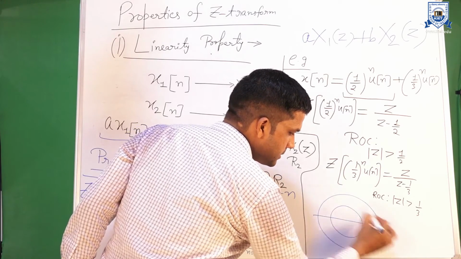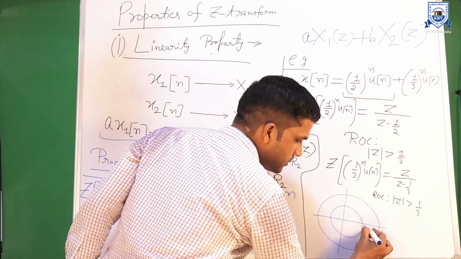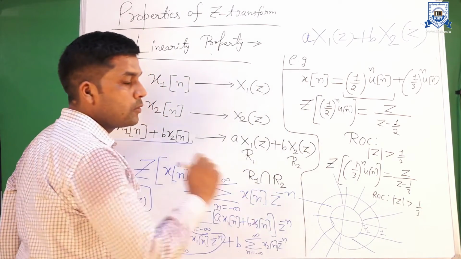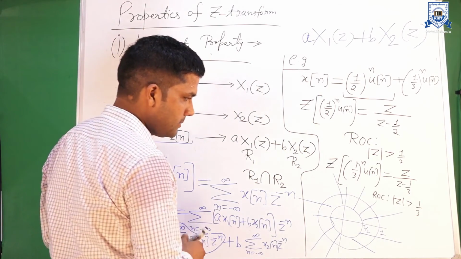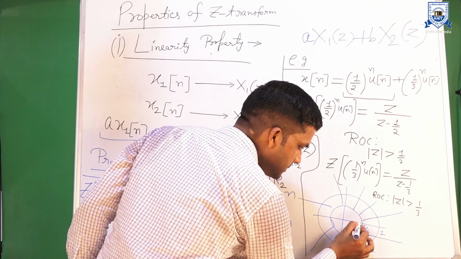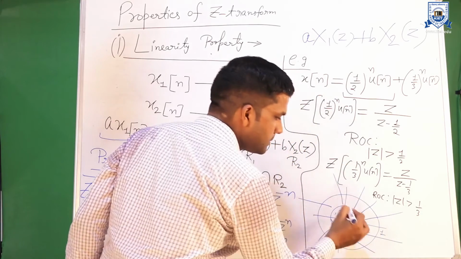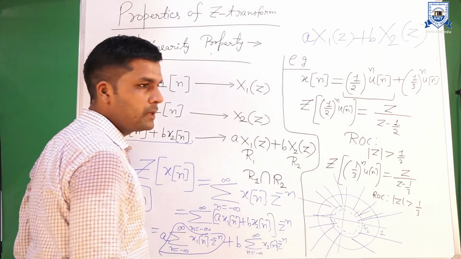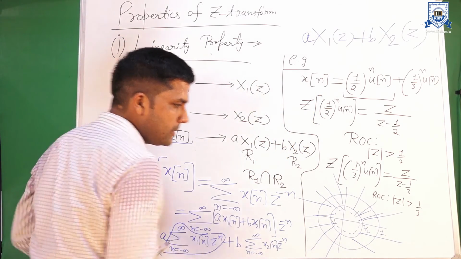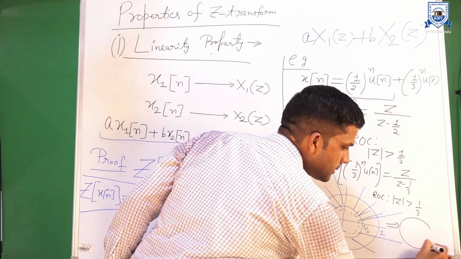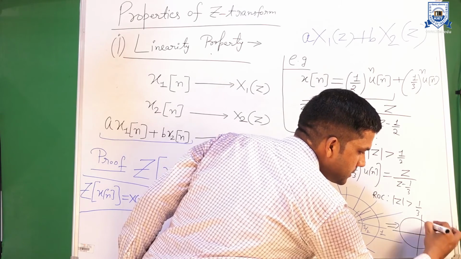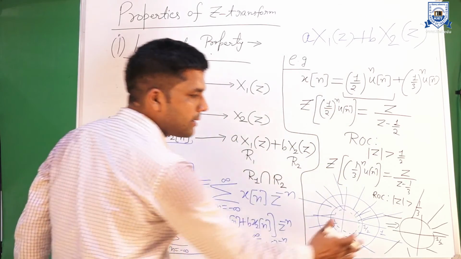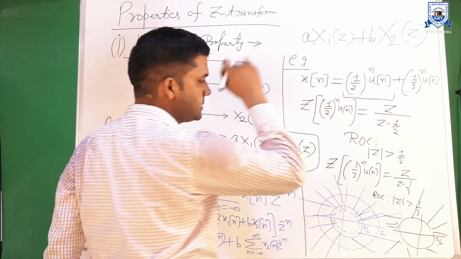This is the unit circle, and this is 1/2. 1/3 means smaller than 1/2, so the intersection is mod z greater than 1/2. This is the ROC of the given sequence.